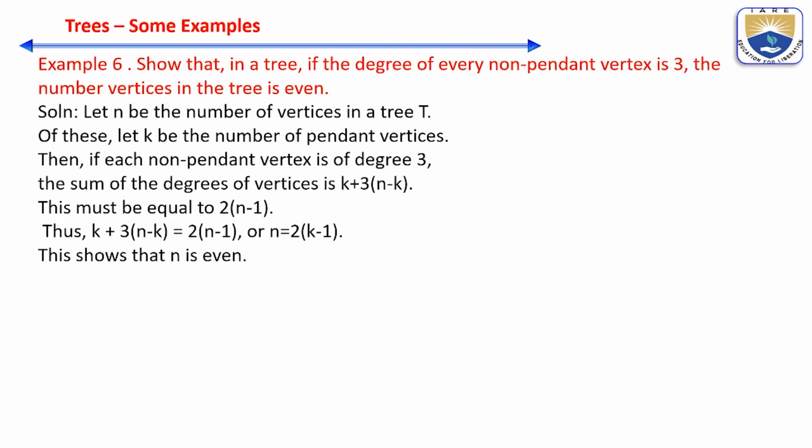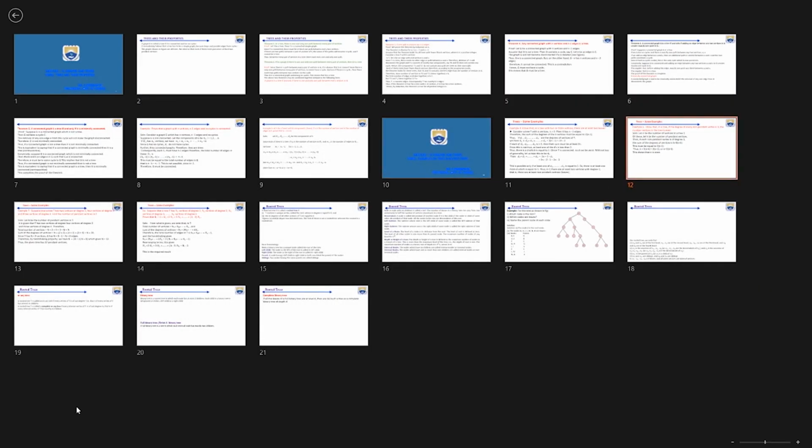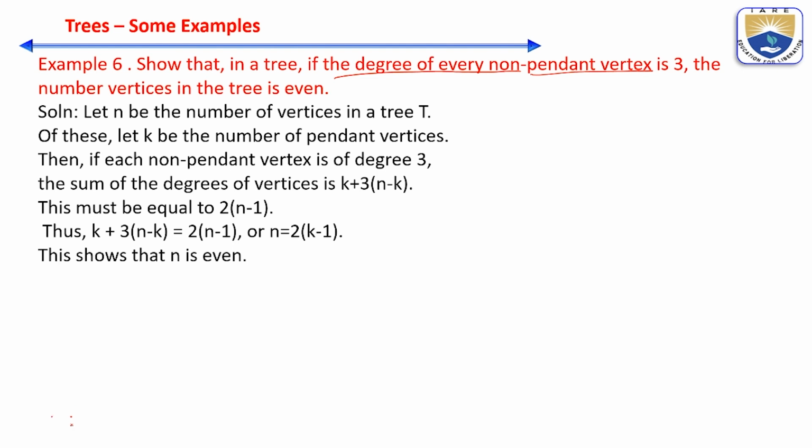Now here is another example. Show that in a tree, if the degree of every non-pendant vertex is 3, then the number of vertices in the tree is even.